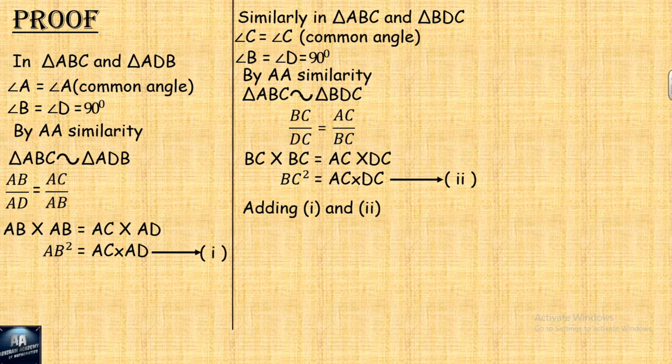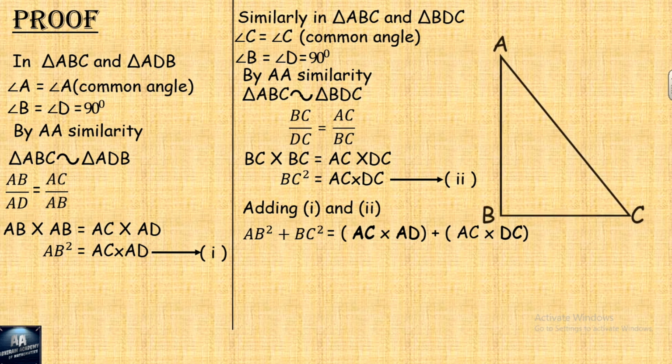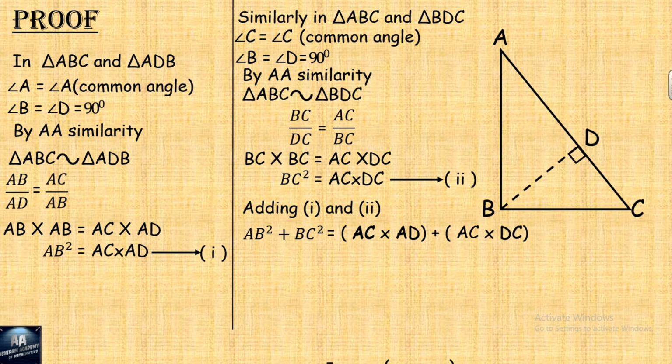Adding equation 1 and equation 2, we get AB square plus BC square is equal to AC multiplied by AD plus AC multiplied by DC. On the right hand side, we can observe that AC is common in both the terms. By taking that AC out as common, we get AC multiplied by AD plus DC.